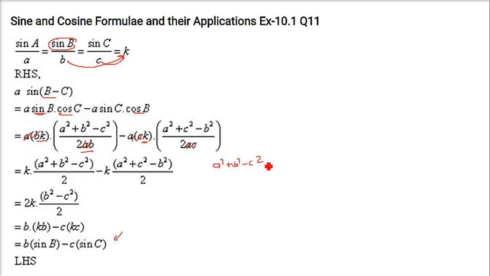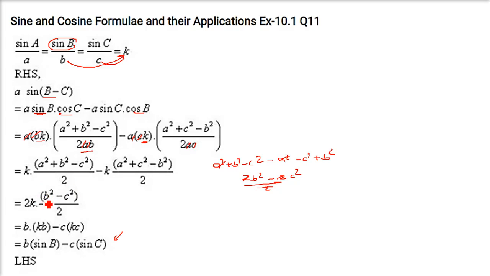This is minus, so all the signs will change. Minus a square minus c square plus b square. A square gets cancelled. B square will be 2b square. C square will be 2c square. Of course we have a 2 here, so this 2 gets cancelled. You are only getting b square minus c square. So b square minus c square will be there, and k of course is there.